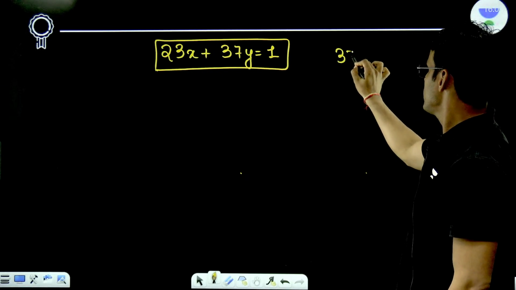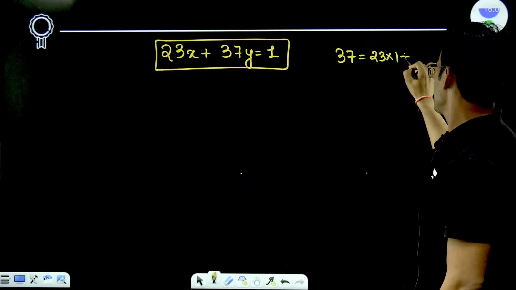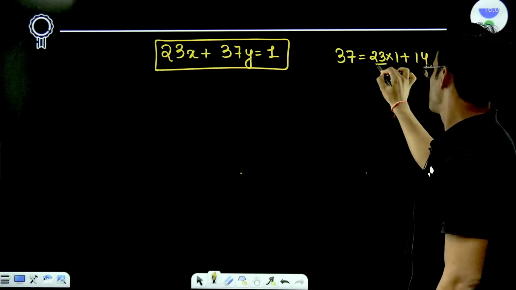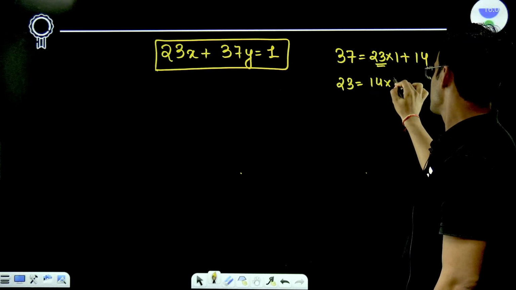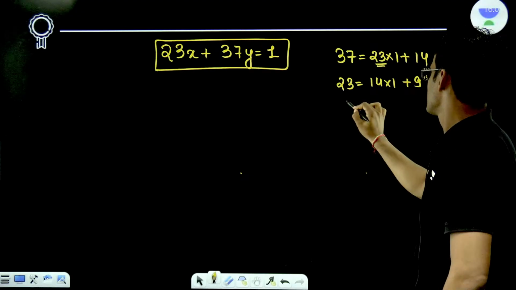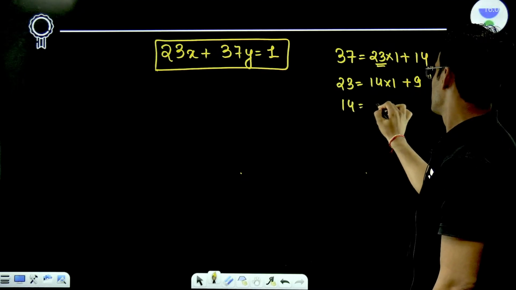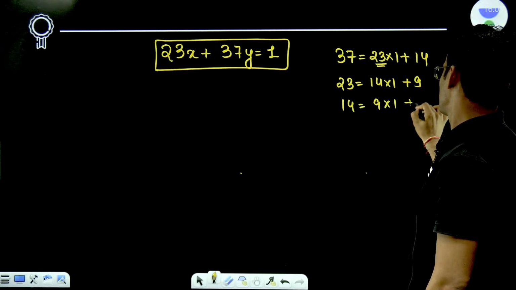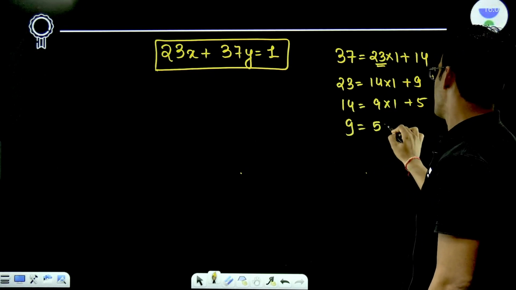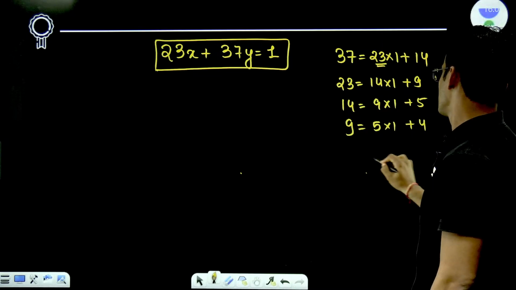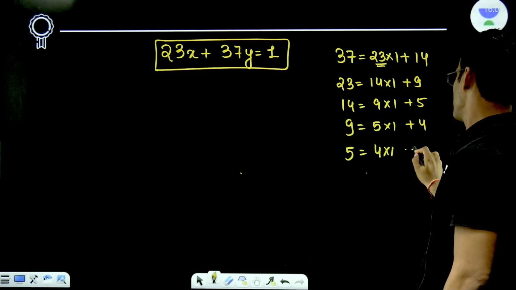Let me do it. Again, a similar mechanism: 23 times 1, then this becomes my dividend and this becomes my divisor. Then 14, 9 times 1, 5, 9, 5 times 1, 4, 5, 4 times 1.